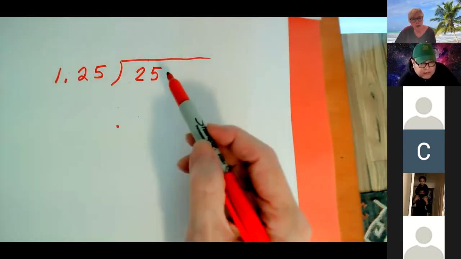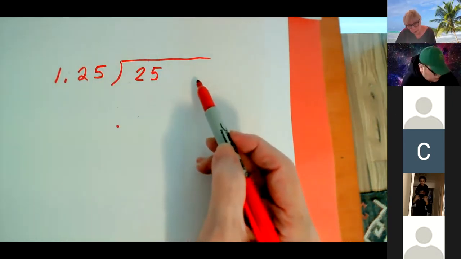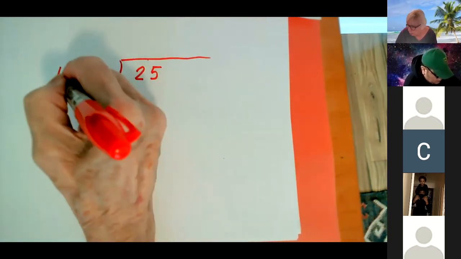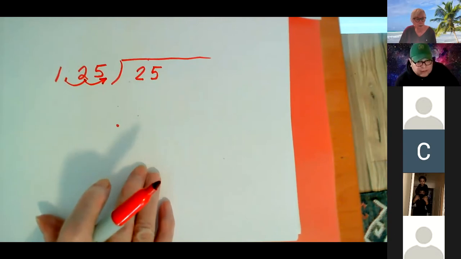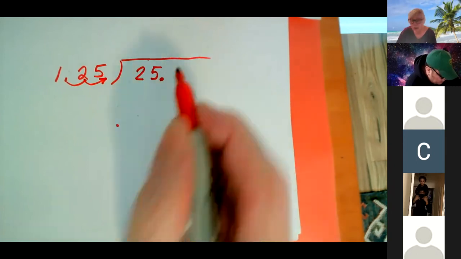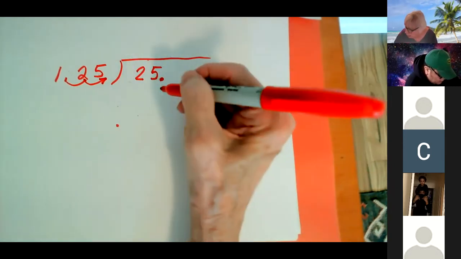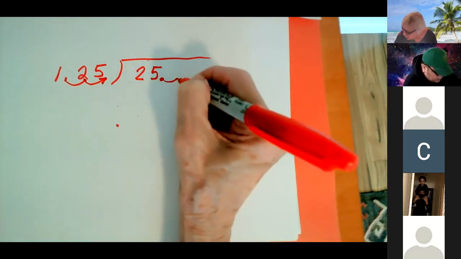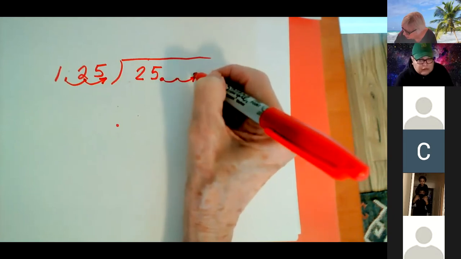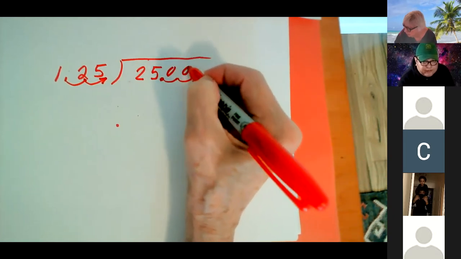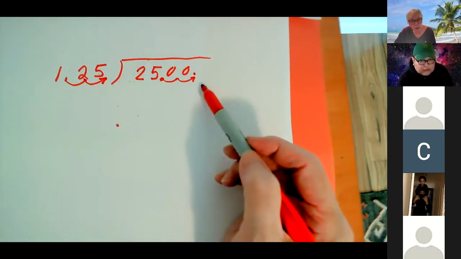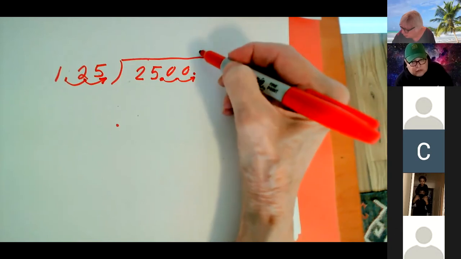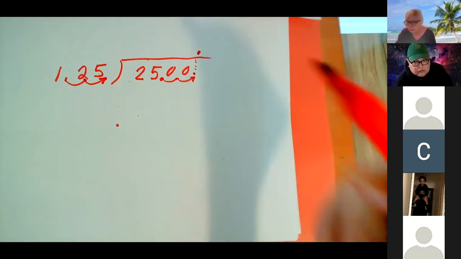Multiply this one by 100, multiply this one by 100. I multiply by 100 because it took 2 places to clear it, to make it a whole number. The decimal was assumed to be here. I've got to do the same exact thing here. So this got multiplied by 100, and so did this. This decimal now comes straight up there.